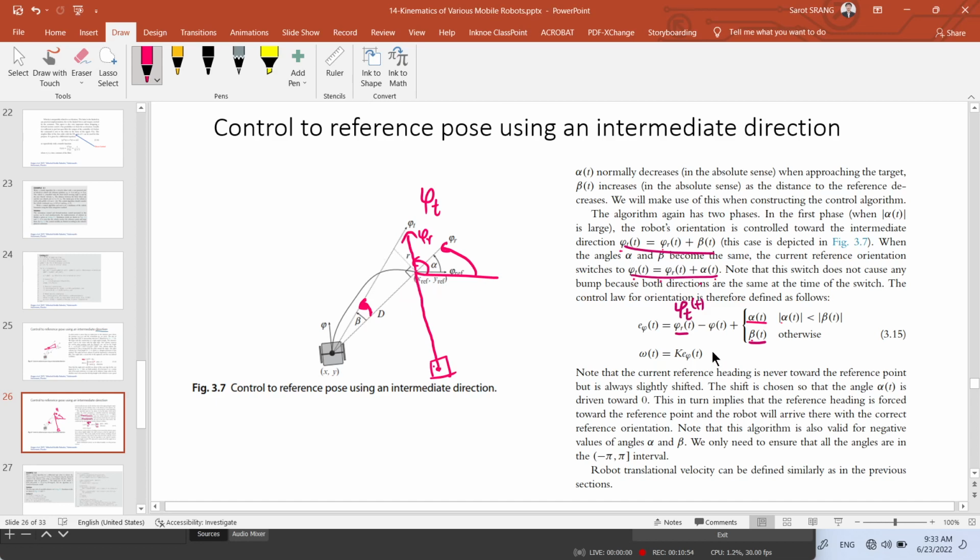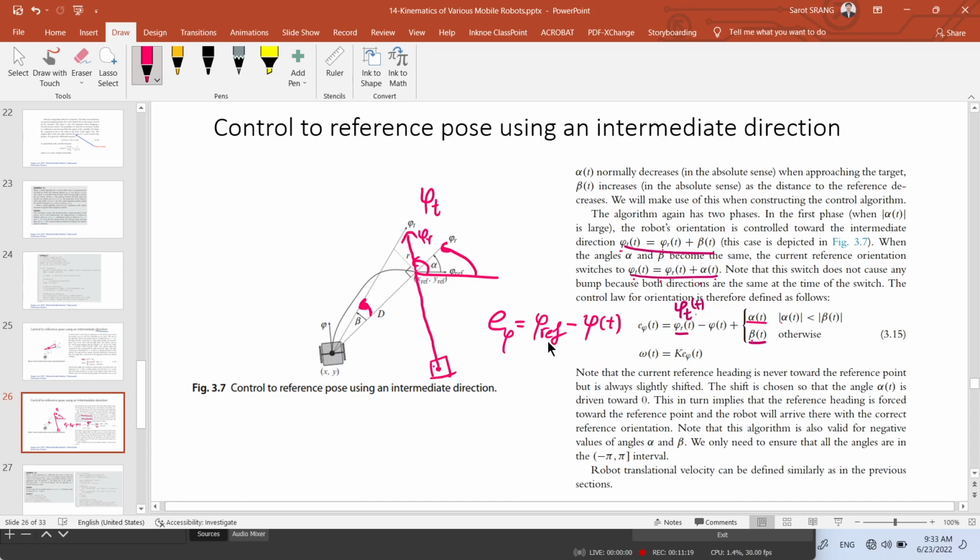Phi r plus alpha here is considered as the target. Error, as you have seen before, can be defined as phi target minus phi instantaneous.